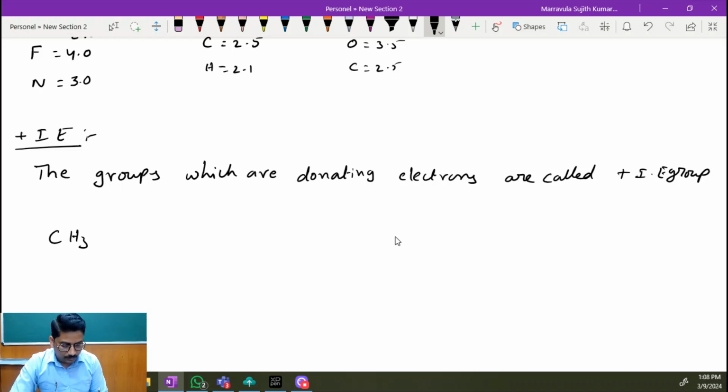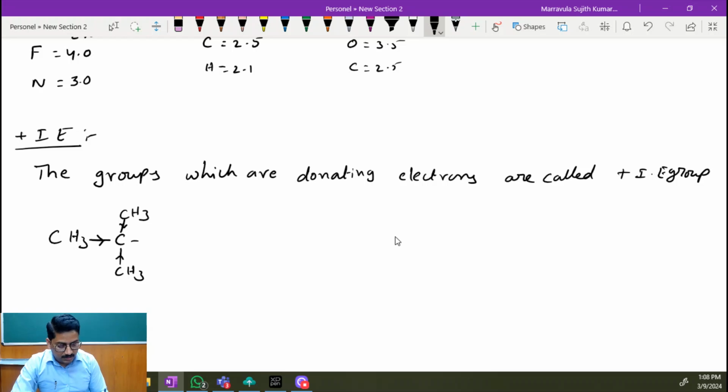CH3, C and CH3. Let's take, for example, tertiary carbon. Here CH3 has a capacity to give the electrons. CH3 can't take the electrons. CH3 has a capacity to give the electrons. So these are called plus IE groups.